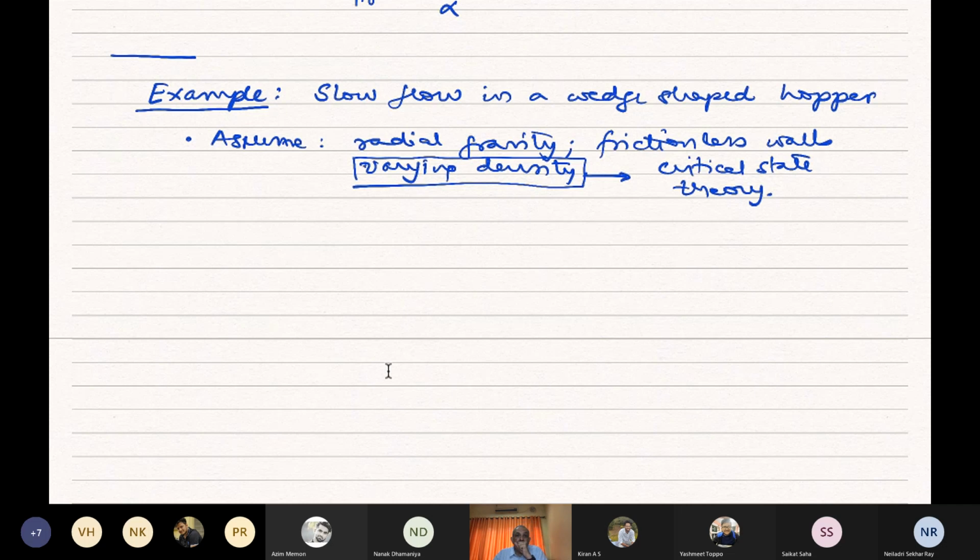So we will see now how we can apply this. And what we'll use is the yield criterion, same as the previous example.